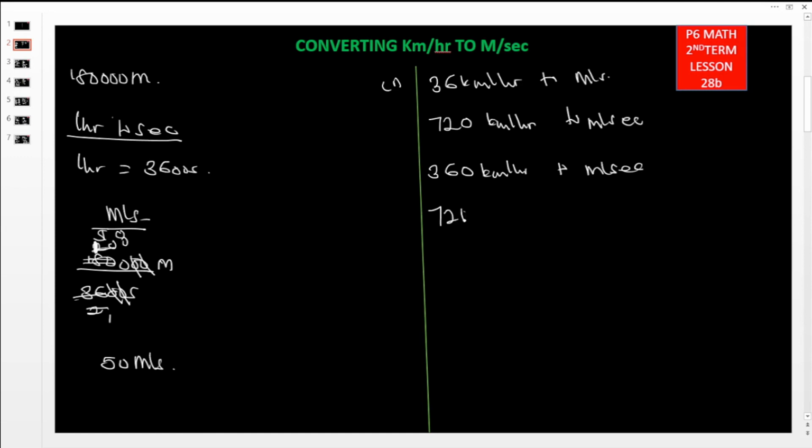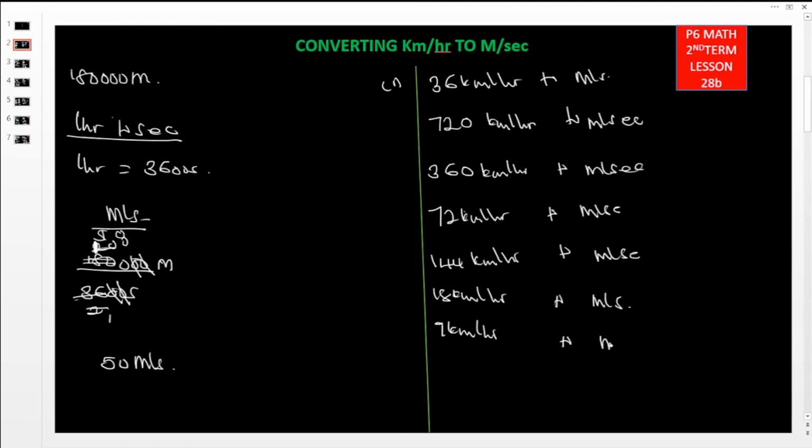Convert 72 kilometers per hour to meters per second. Convert 144 kilometers per hour to meters per second. Convert 18 kilometers per hour to meters per second, 9 kilometers per hour to meters per second. Convert 90 kilometers per hour to meters per second.